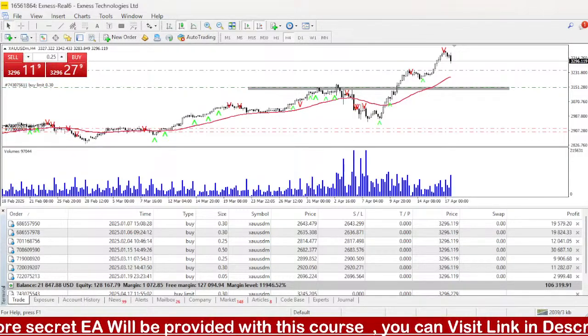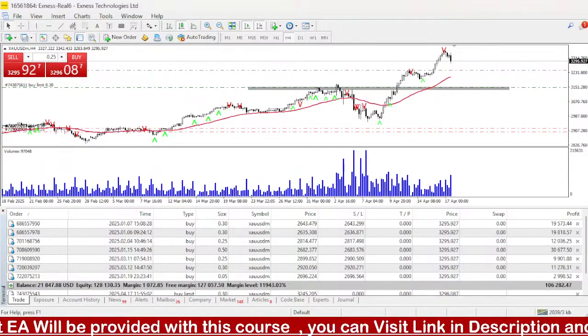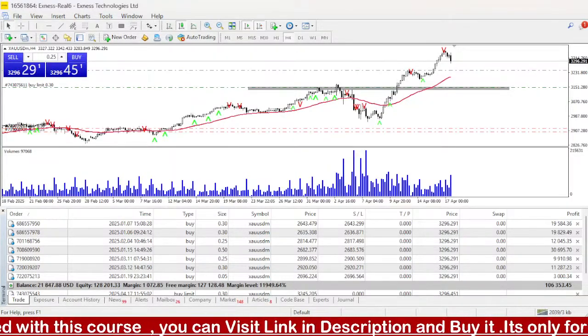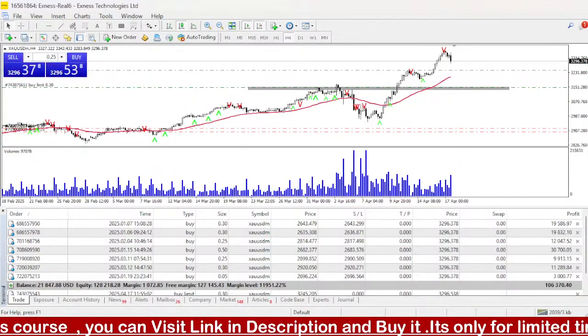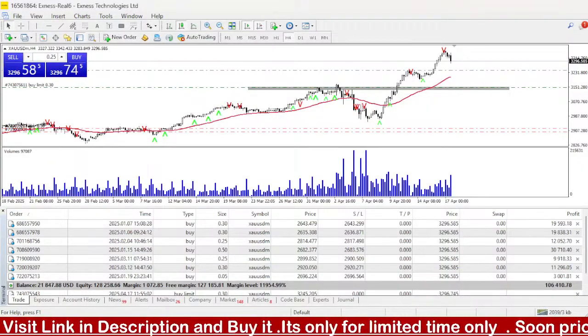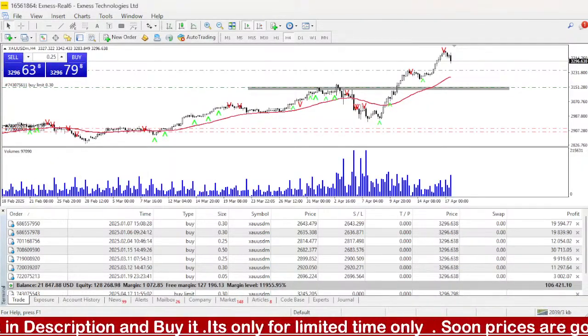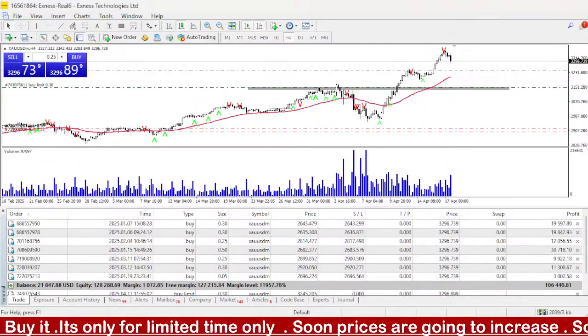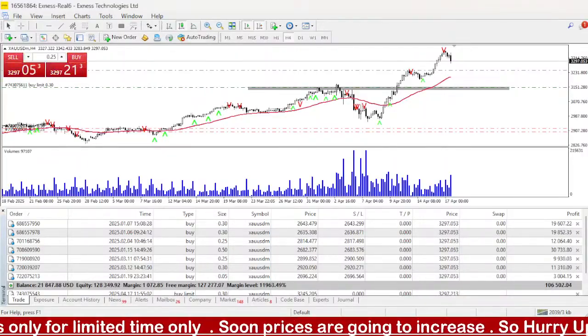It will give you early signs that something is going to happen, or that some institutional level or smart money activity is happening in the market. So by determining those high level activities and seeing those institutional level behaviors, you can easily predict which side the market is going to move.